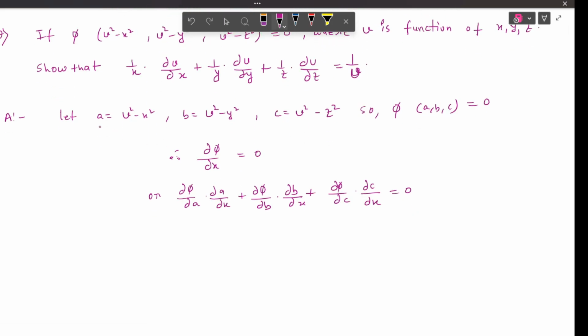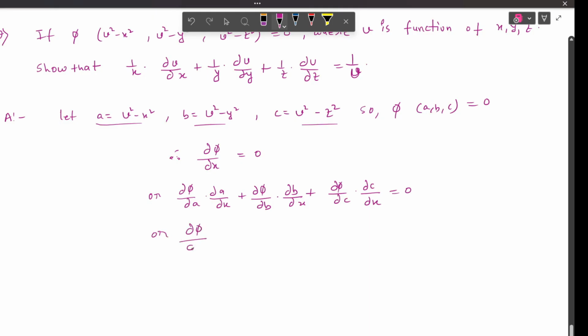Now if you see the functions a, b and c, first derive this function with respect to x. Let's keep ∂φ/∂a as it is, because we don't know it, but ∂a/∂x you have to derive partially with respect to x.